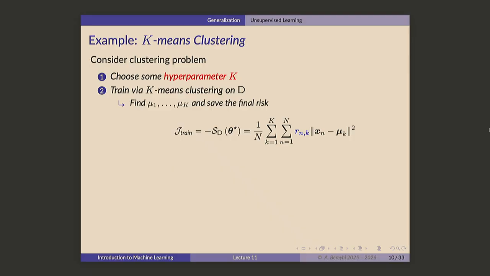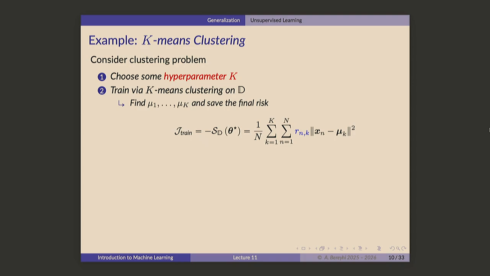So if you minimize this, you're essentially maximizing your likelihood. This was what you did when you had the training data. And once this is over, this average distance is going to be some value. I'm denoting it by J_train. Now I have this training loss or risk, or negative training likelihood.